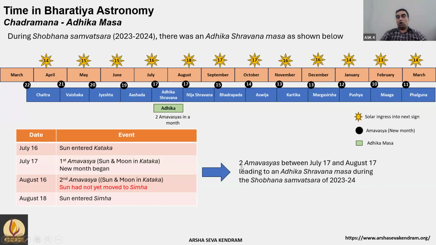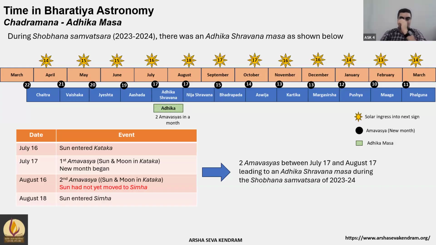So which leads to two Amavasyas between July 17th and August 17th, and typically the month which gets these two Amavasyas is named the Adhika Shravana month, right? This happened during the Shobhana Samvatsara of 2023-24.